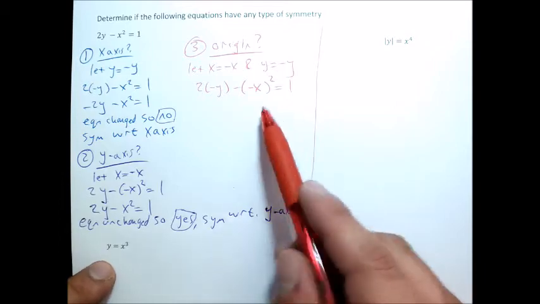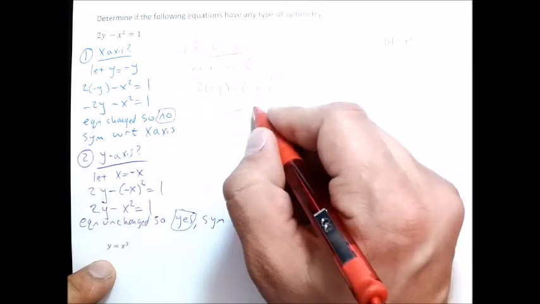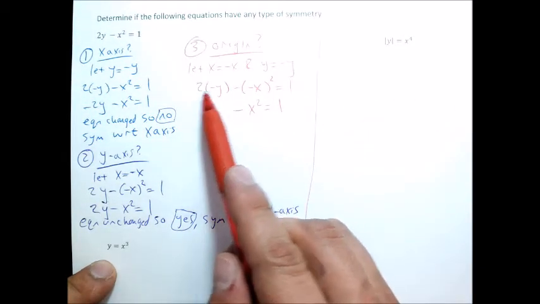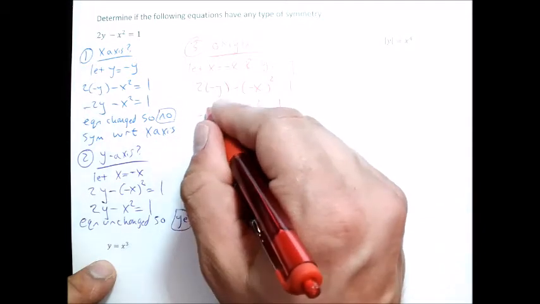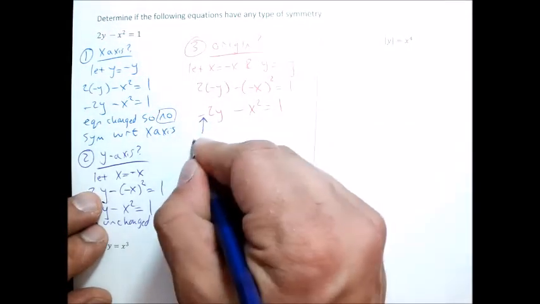And so even though the square is going to cancel out the first negative, the second one with the y changes it. So this changed.